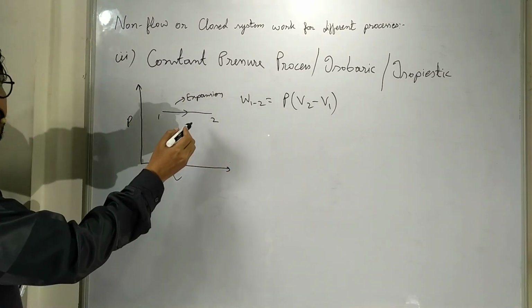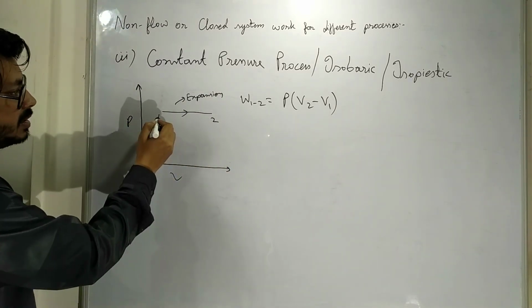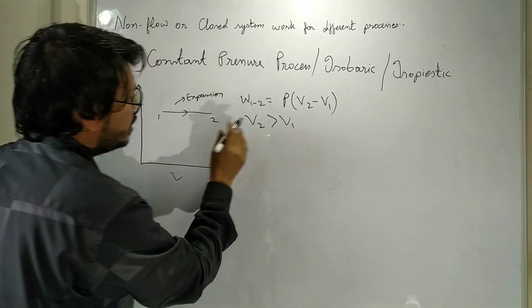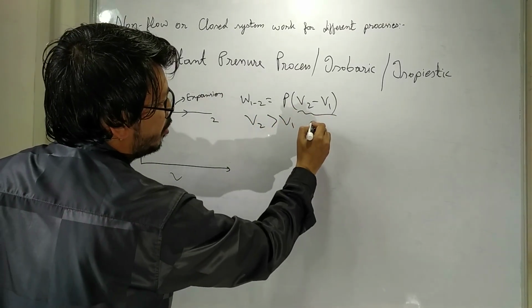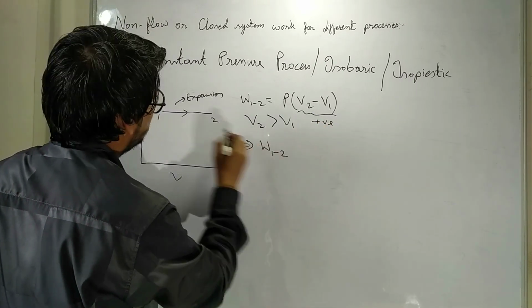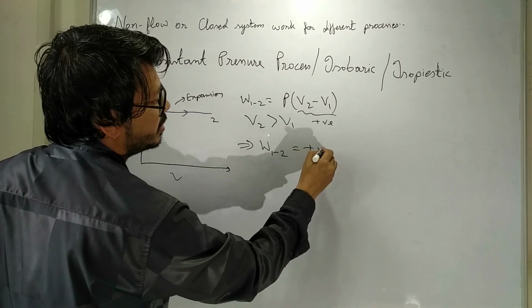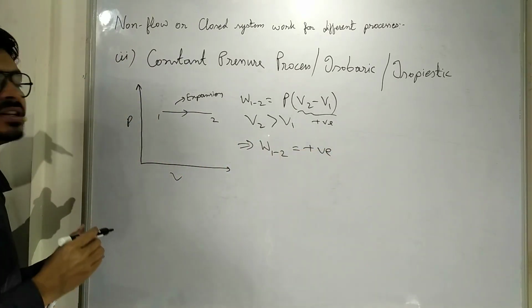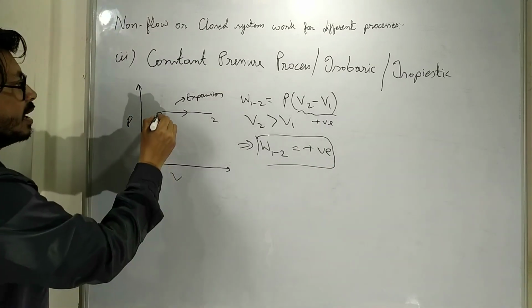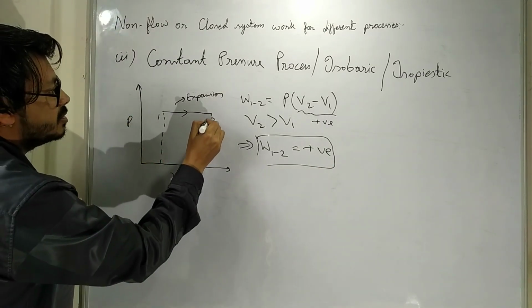Since volume 2, that is V2, is greater than V1, this term will be positive. This implies work done by the process 1 to 2 is positive. So for case of expansion, the work done will be positive, and this is the area under the curve.